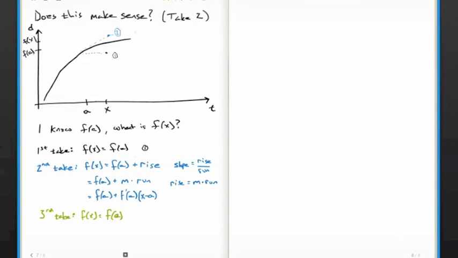F of a plus f prime of a times x minus a. But now I have to account for the curvature, which I know is the second derivative, f double prime of a times x minus a squared. Yeah, so x minus a squared.